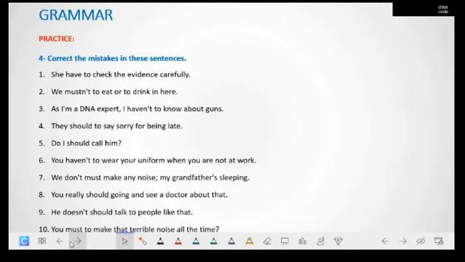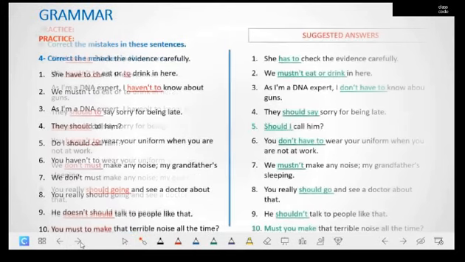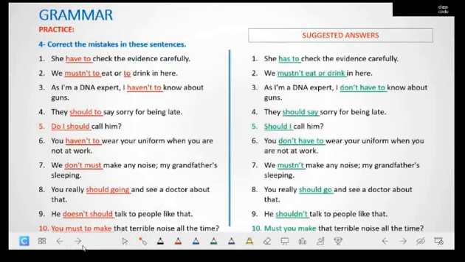All right, I'm going to show you the correct answer, the correction to these sentences. So the first one is, as I did it as an example, she has to check the evidence carefully. Number two, we mustn't eat or drink in here.